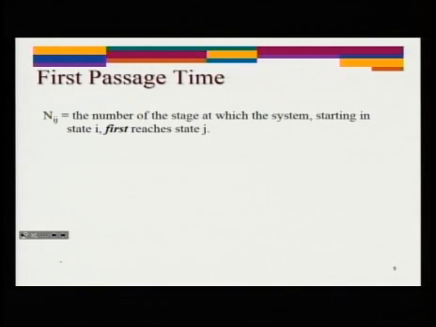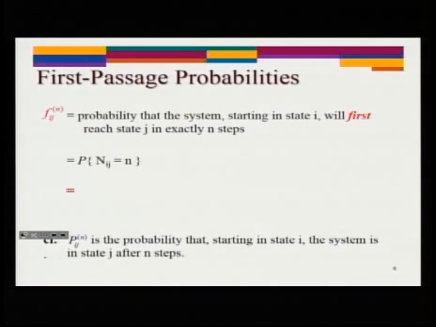Okay? That is what is called first passage time. What about the next one? Like in the previous example, it was the education, right? I'm going to show you with an example later.